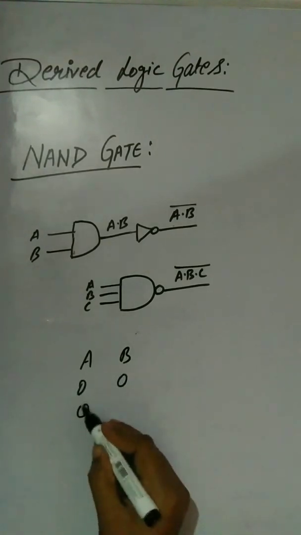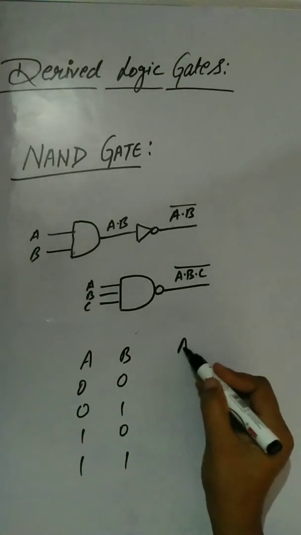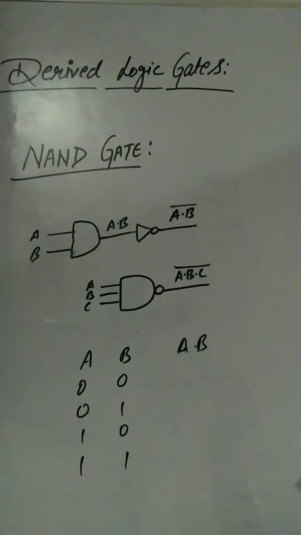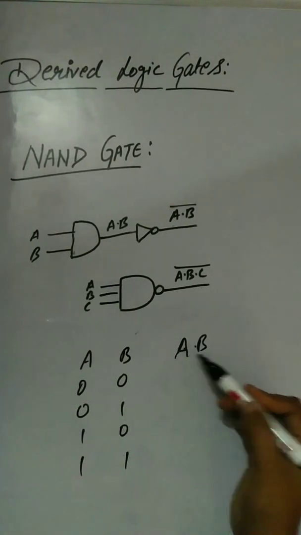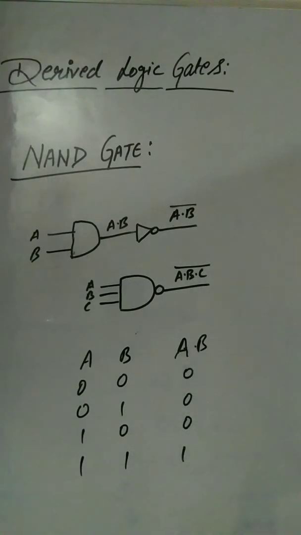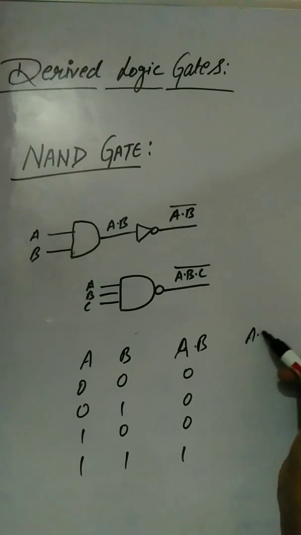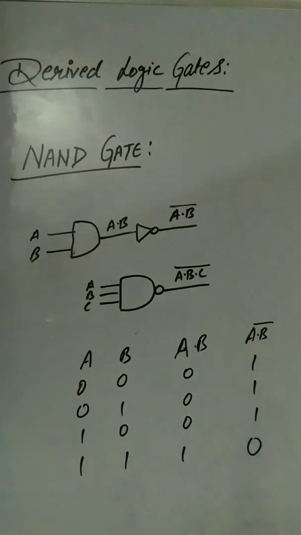First of all, we draw the combinations of A and B. Then A dot B. We find the value of A dot B. Here dot means just product, 0, 0, 0, last one is 1. When we complement A dot B, it just reverses the value: 1, 1, 1, 0. It's a NAND gate circuit.